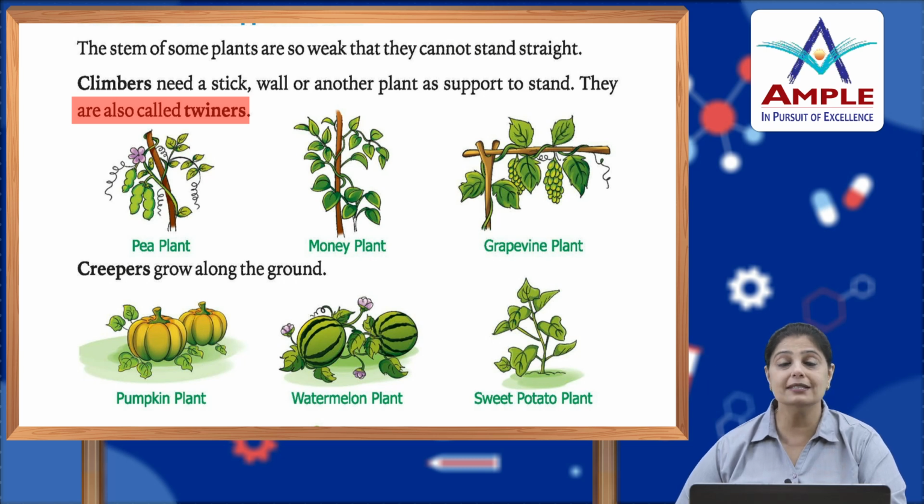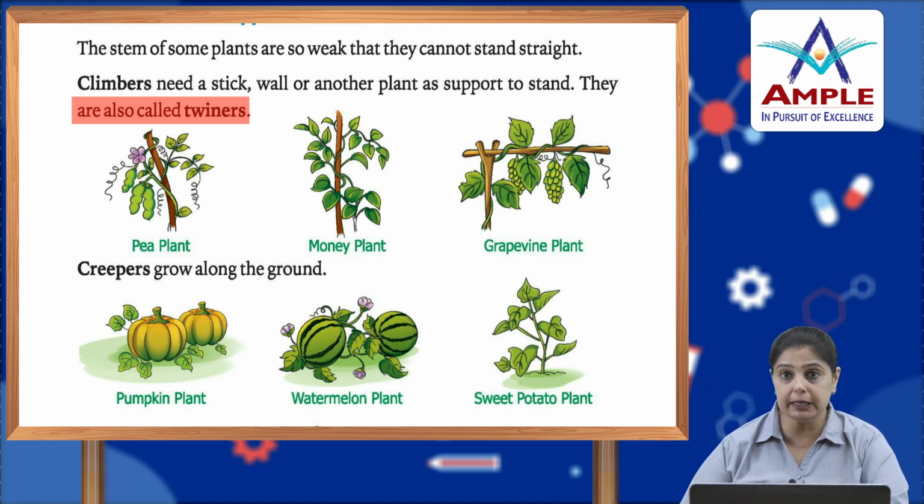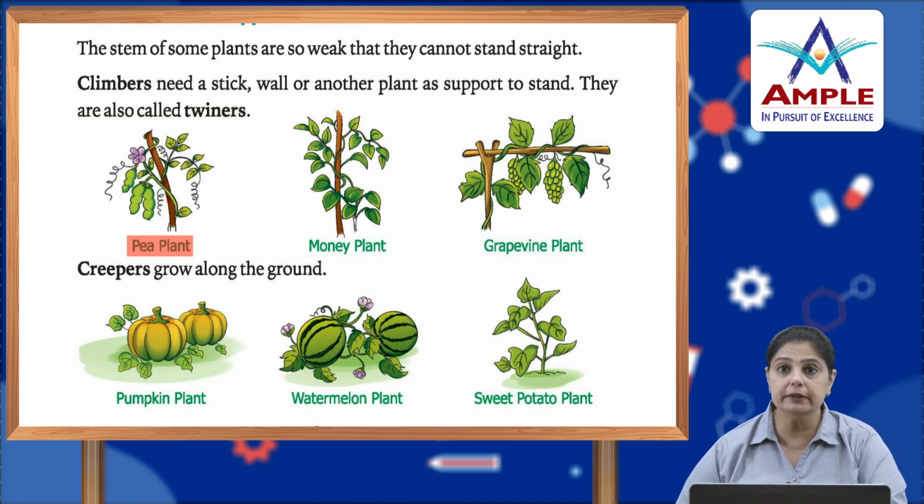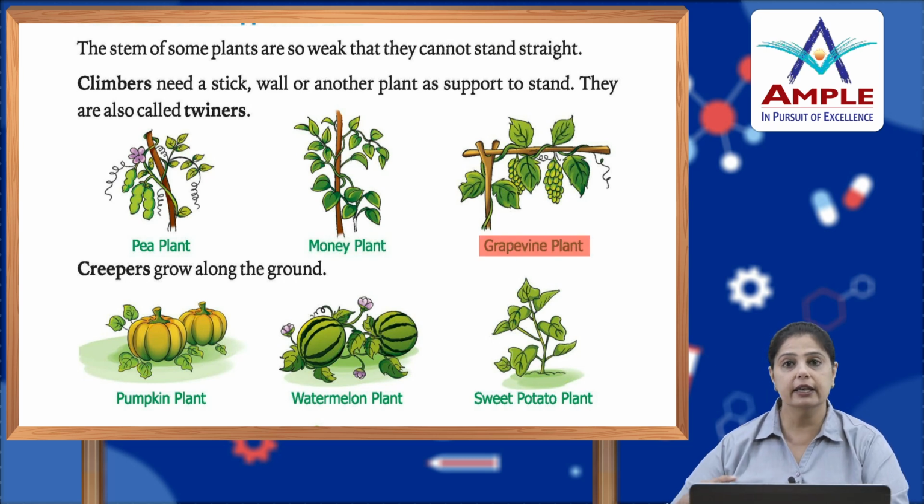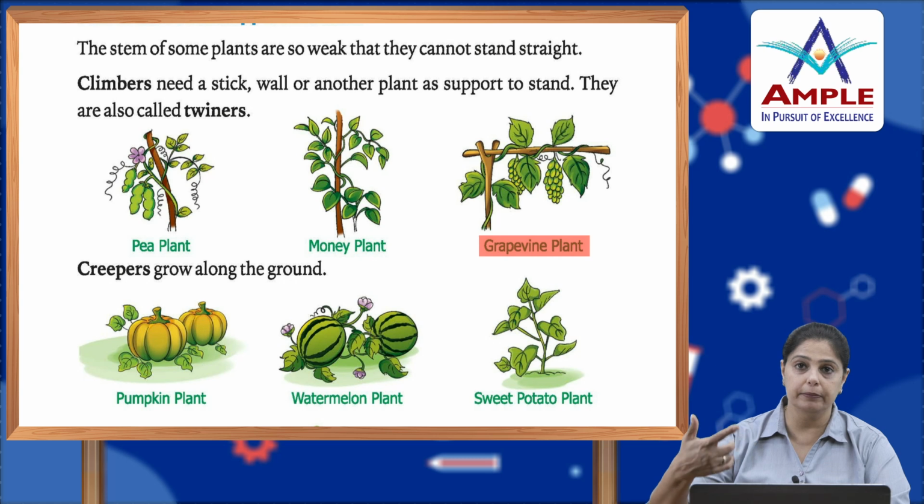So, they are the ones that need a support, and that support can either be a stick like the one that we put in the money plant, or they can take support of other trees, okay, or other plants or the wall to grow. Let's look at these examples: the pea plant, the money plant and the grapevine plant, okay. They keep on growing, they climb up, okay.